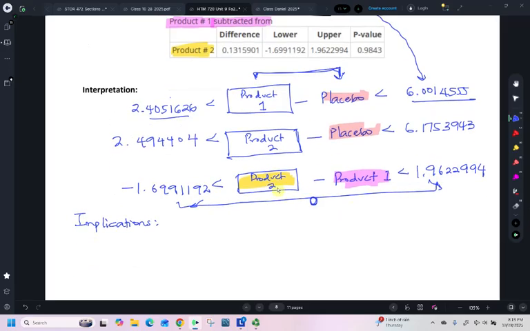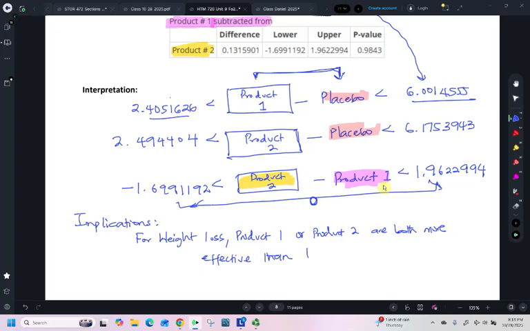So what are the implications of this? So for weight loss, product 1 or product 2 are both more effective than what? Than taking placebo. No treatment at all. That is what this indicates.